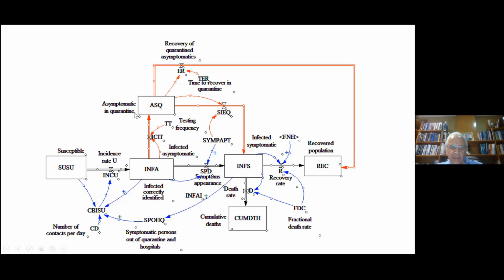They become part of this stock, and either those who are in quarantine might not develop real symptoms and therefore will move to the recovered population, or if they develop some symptoms, then they move into symptomatic people who either recover or die.